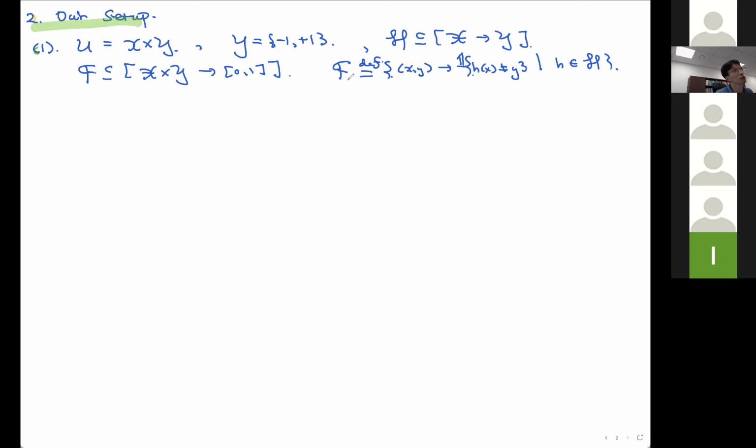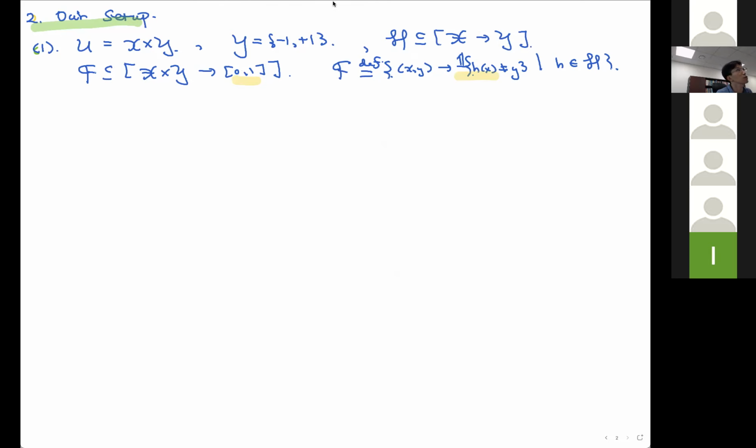That's what this induced function class f is. Because of this indicator function, the value is always either 0 or 1, so it satisfies this range requirement of 0 and 1.